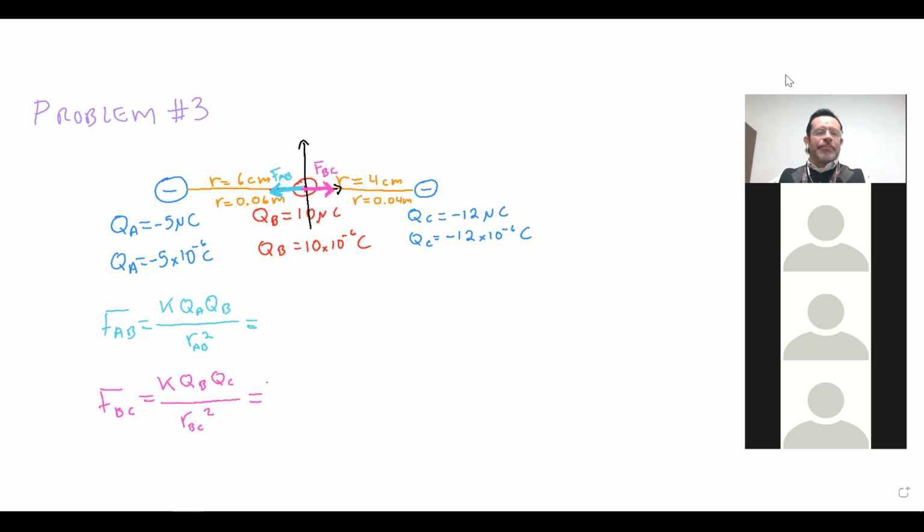I'm going to give a weird example. Let's say that the three charges are three people. Two of the people, the blue people, person A and person C, are both attracted to person B. But B doesn't know who to choose.